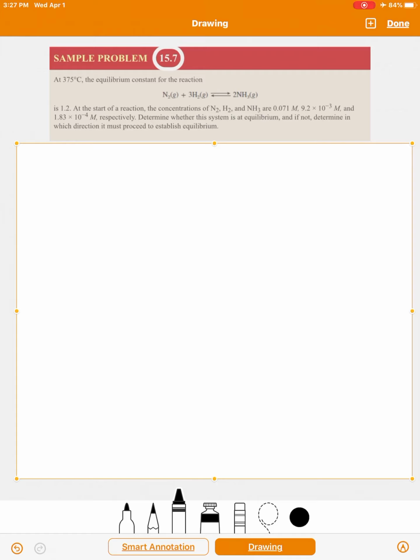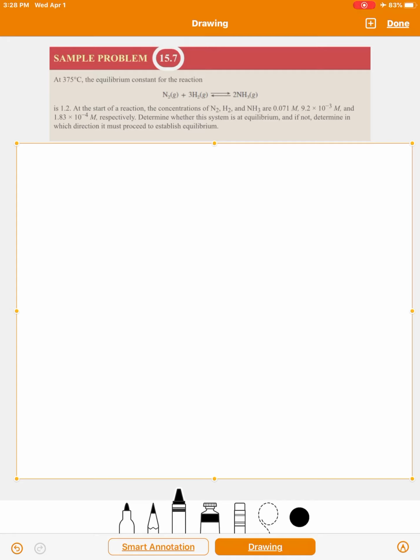At the start of the reaction, the concentrations of nitrogen, hydrogen, and ammonia are 0.071 molar, 9.2 times 10 to the negative 3 molar, and 1.83 times 10 to the negative 4 molar, respectively. Determine whether this system is at equilibrium, and if not, determine which direction it must proceed to establish equilibrium.